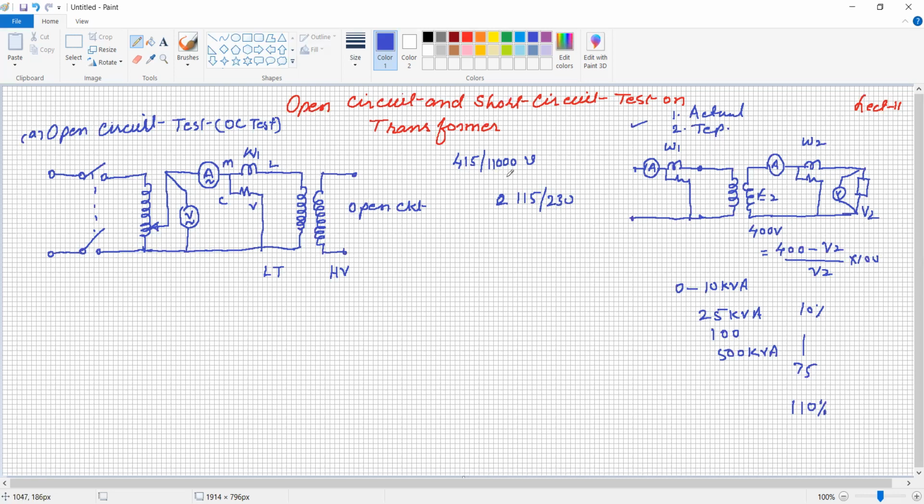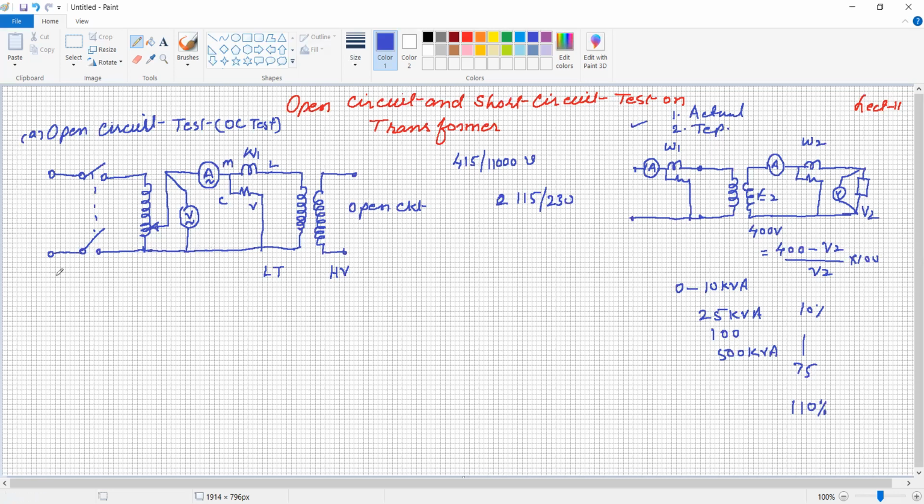But especially for a three-phase distribution transformer, the open circuit test is carried out on the LV side and the HV side is kept open. This is the arrangement we use in the open circuit test.